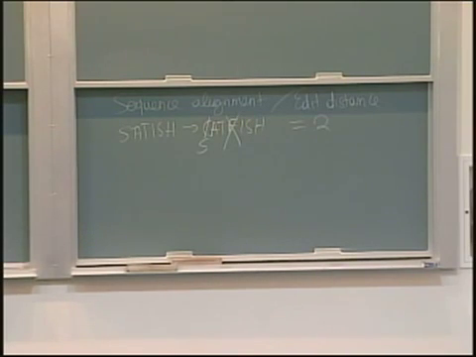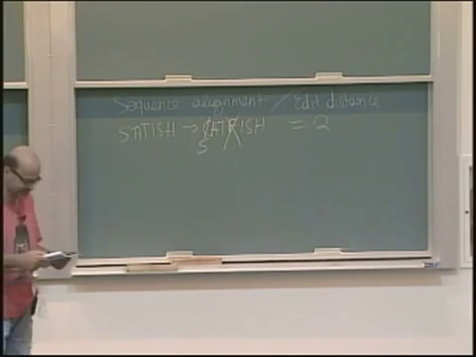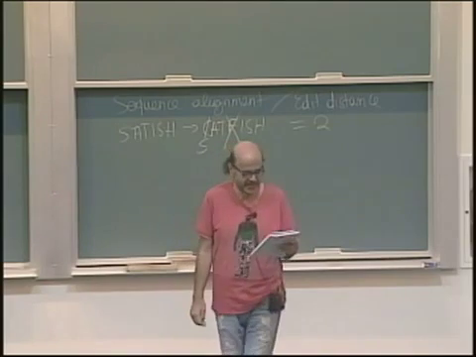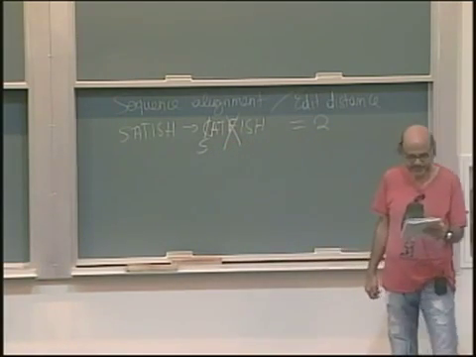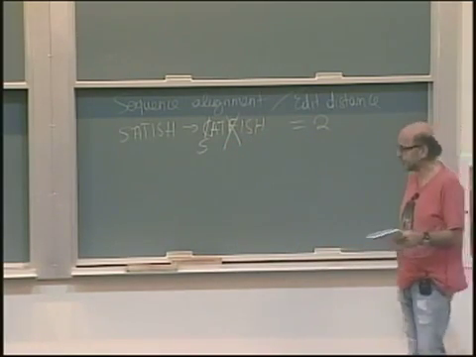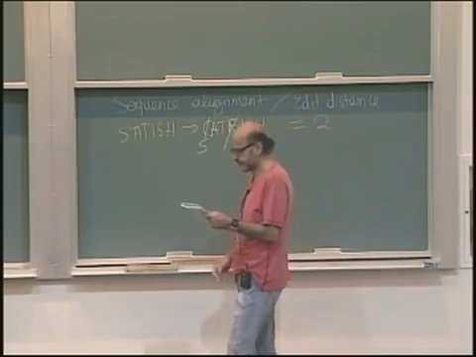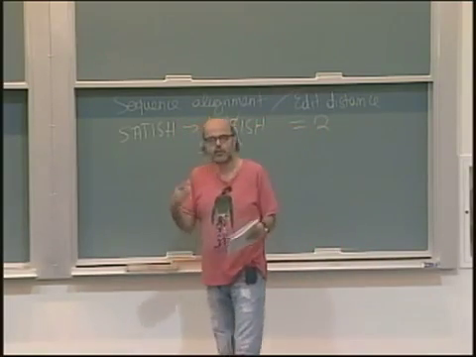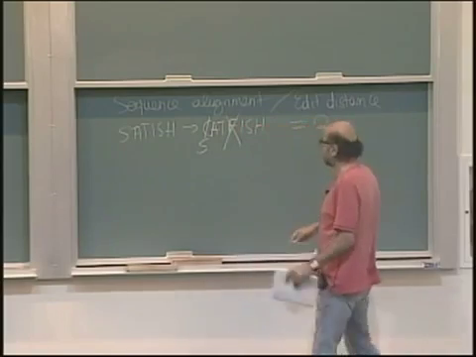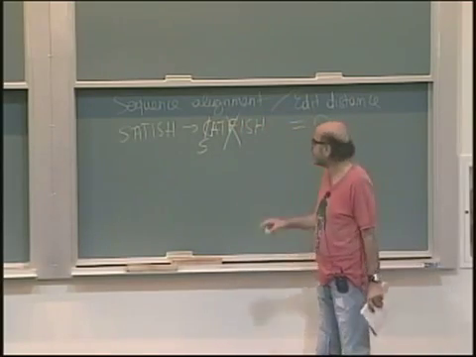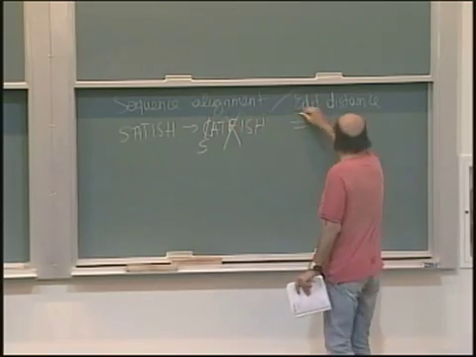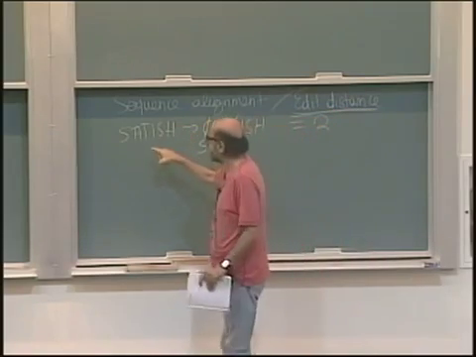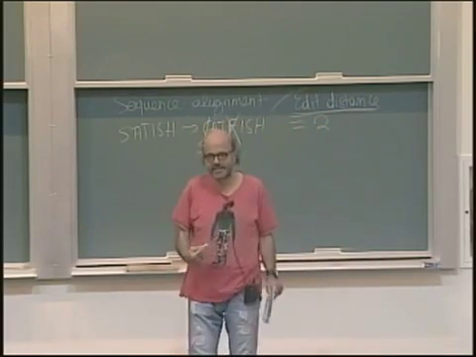I guess the question is, what is the edit distance between Papadimitriou and patronizing? Here's another way to look at it. That's edit distance. What is sequence alignment? This is the same as aligning Satish with catfish.